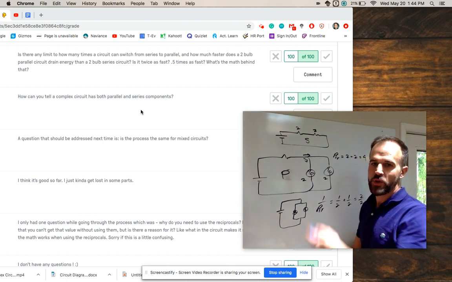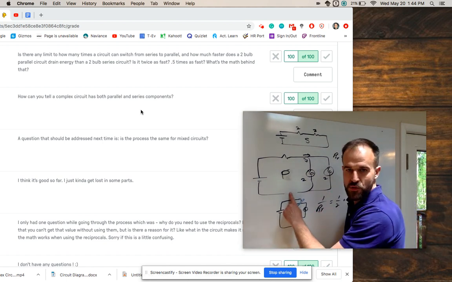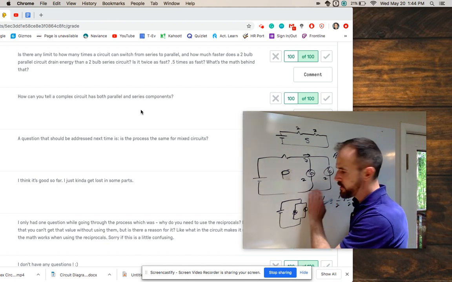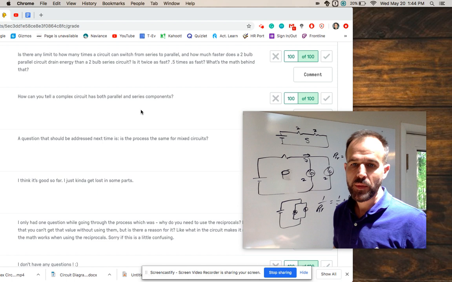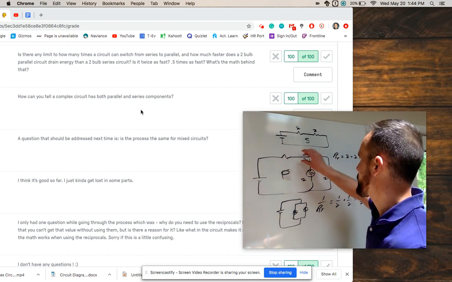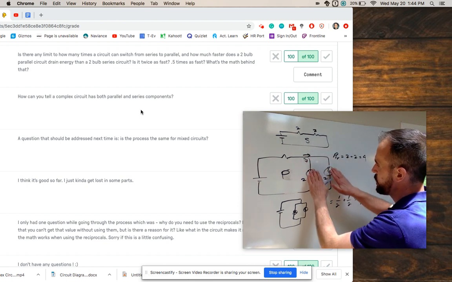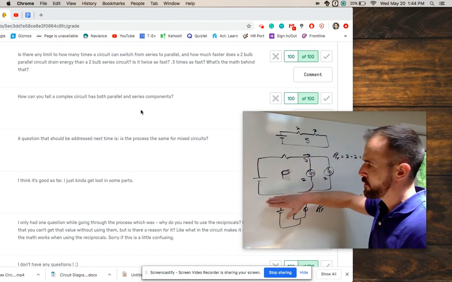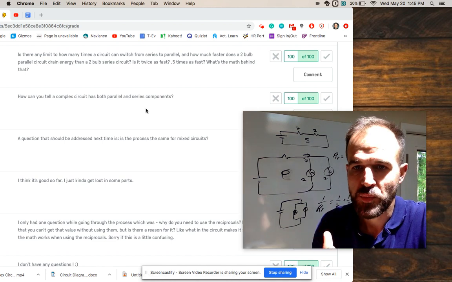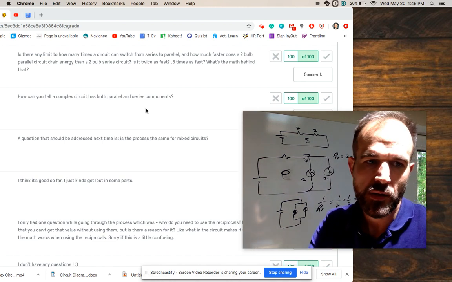With complex circuits, there could be another resistor down here, for example. We can come back, see the wires come back together, and then there's only one way to get back to the battery. You could think of this like pipes, where water is flowing through a pipe, but then there are choices of which way to flow, and then the pipes come back together and flow back to the battery. So if there's some sort of split, you're definitely entering a parallel section.